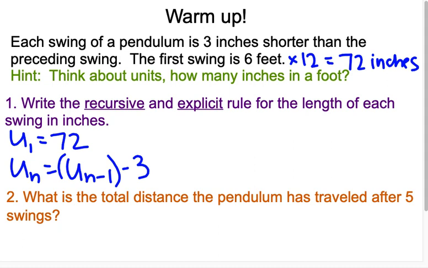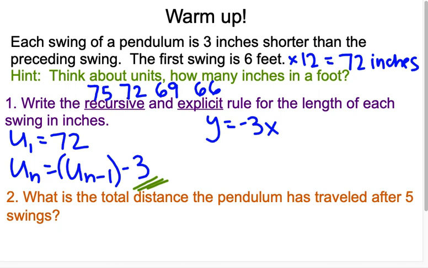If you want more of an explicit one, the recursive one is super helpful. Remember, that gives you the slope, and then we can quite easily find that y-intercept. So I've got a slope of negative 3x, and then what's my y-intercept here? If my first swing is 72 inches, my second swing, it'll be 69, 66. Well, I need the 0th one, which will sit at 75.